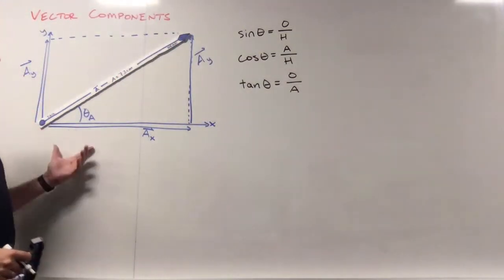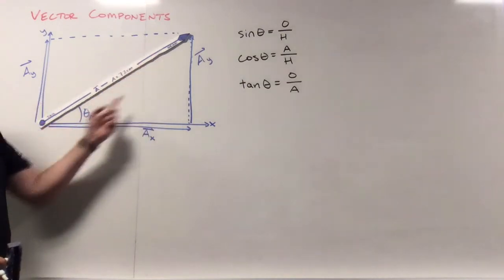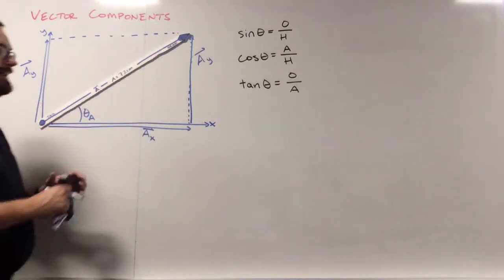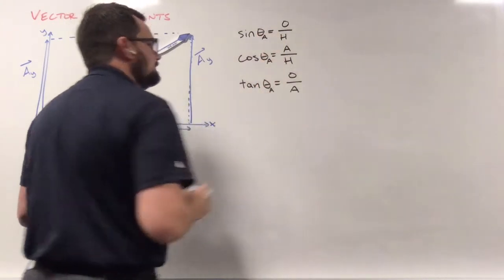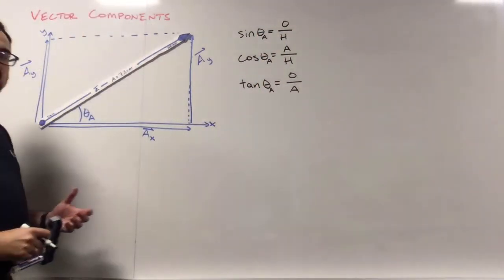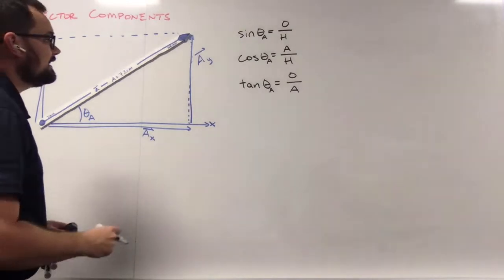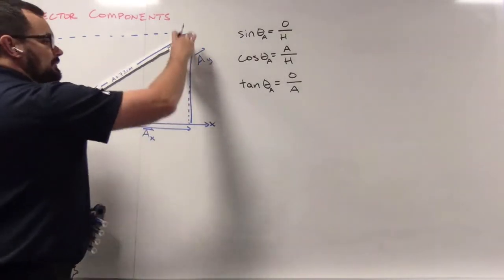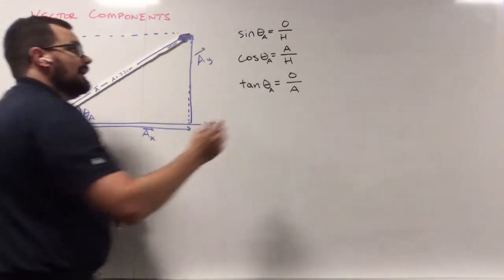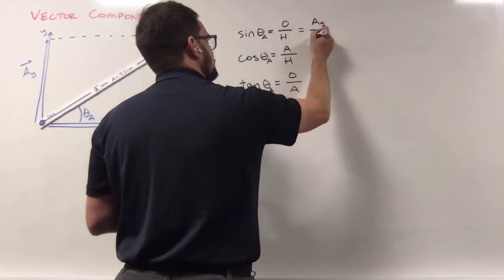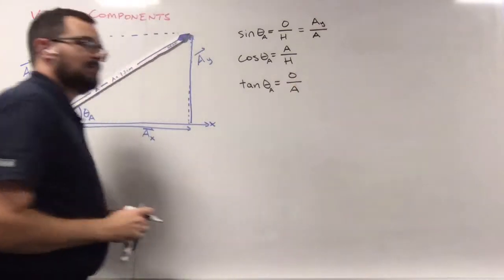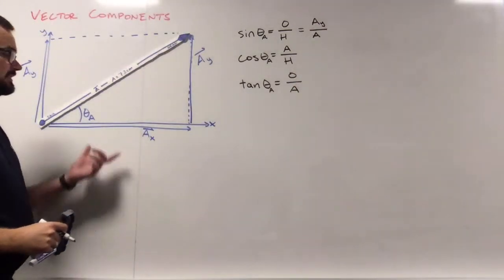All right, now when we look at this triangle that we've drawn with the angle theta A, so let's make these all theta A's, we'll now notice some components about the magnitude. One thing we'll notice here is that AY is the side opposite the angle. And so we can say the magnitude of the y component divided by the overall magnitude is equal to the sine.